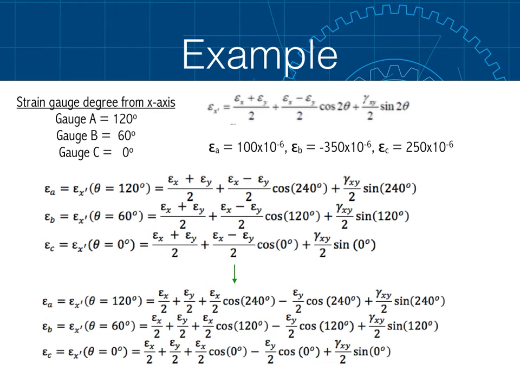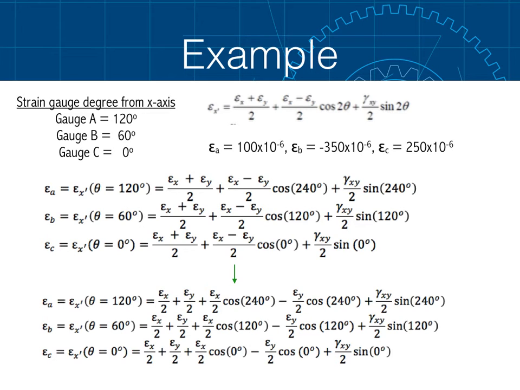Seen below, we separated strain in the x over 2, that value, strain in the y over 2, strain in the x over 2 times cosine 240, minus strain in the y over 2 times cosine 240, as well as the gamma xy over 2 sine 240. All of this for strain gauge A.